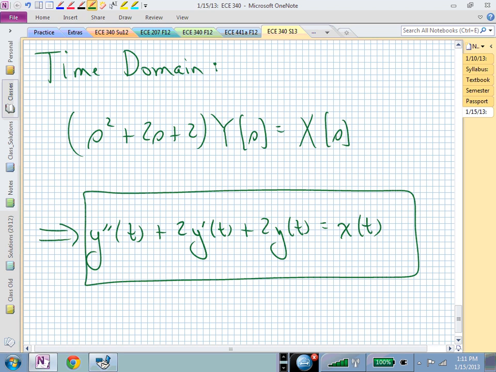Other questions? I'm playing with this, and we could find this another way too. We could write two first-order differential equations that are coupled, and they would be equivalent to this second-order differential equation.